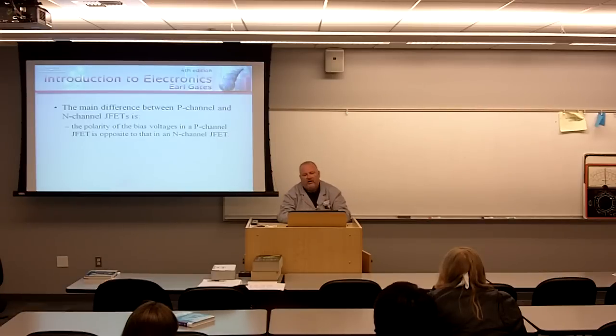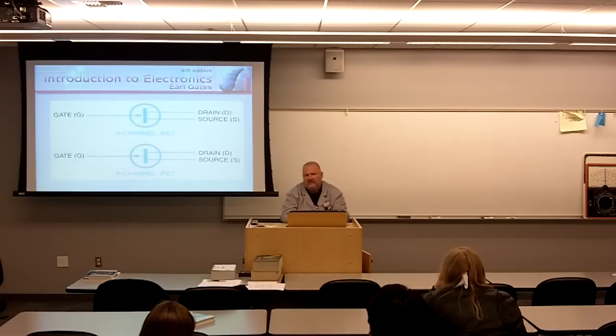The main difference between P-channel and N-channel JFETs is that the polarity of the bias voltages in a P-channel JFET is going to be opposite to that of an N-channel JFET. This is what the schematic diagram looks like.